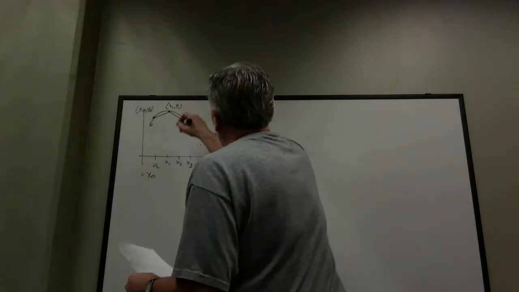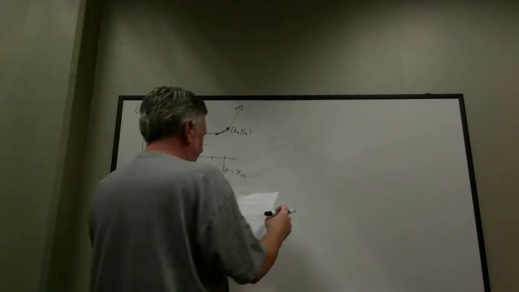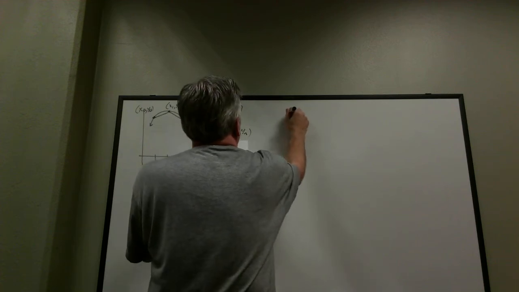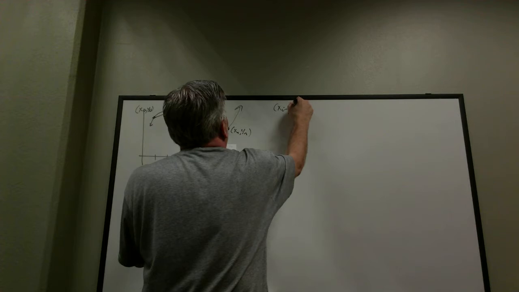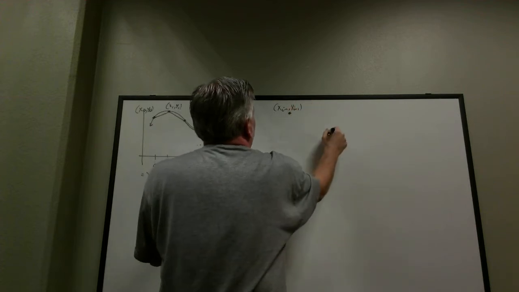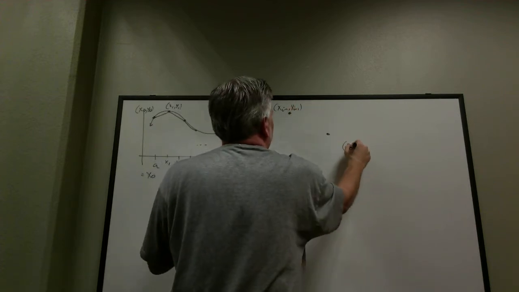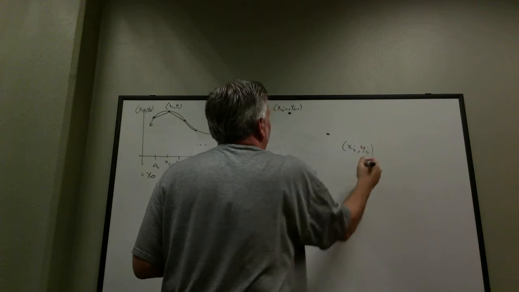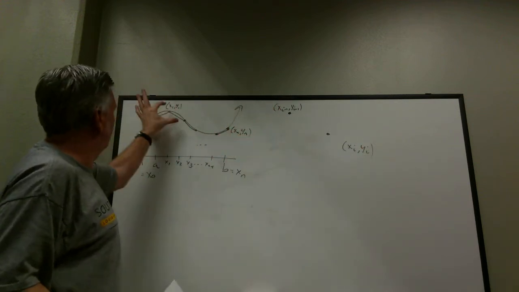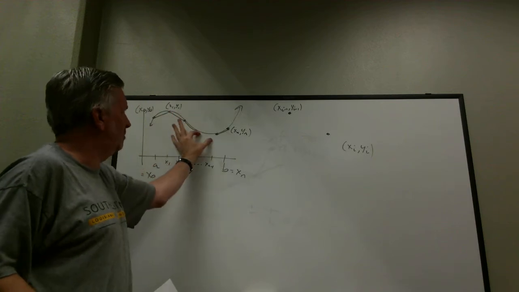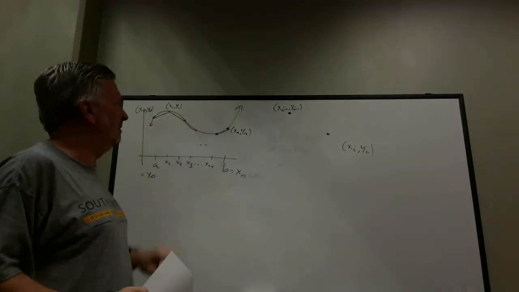So suppose somewhere in here I have two consecutive points, like these two right here. And let me draw that over here. So suppose we have a point here that's x(i minus 1), y(i minus 1). And then the next point over here is xi, yi. So these are two consecutive points somewhere in the middle.